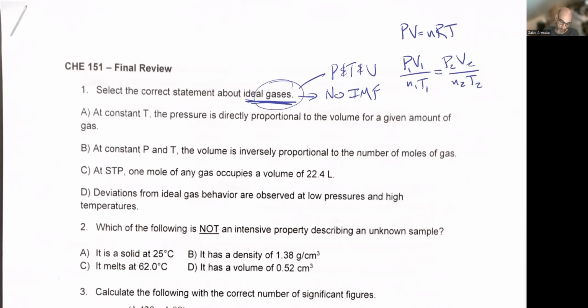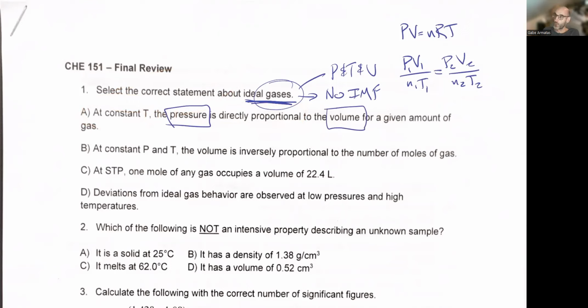But let's take a look at the question. Which of the following is a correct statement? Okay, so let's take a look. At constant temperature, so temperature doesn't change, pressure is directly proportional to the volume given. So let's consider pressure versus volume.